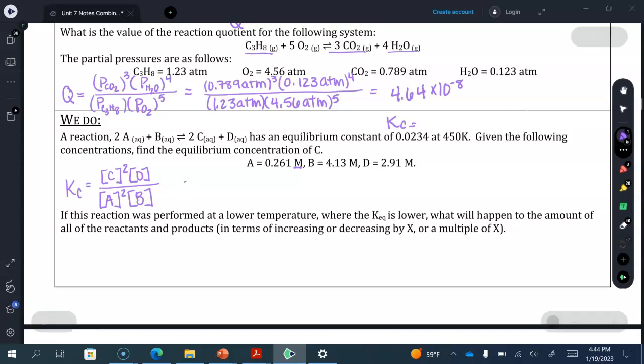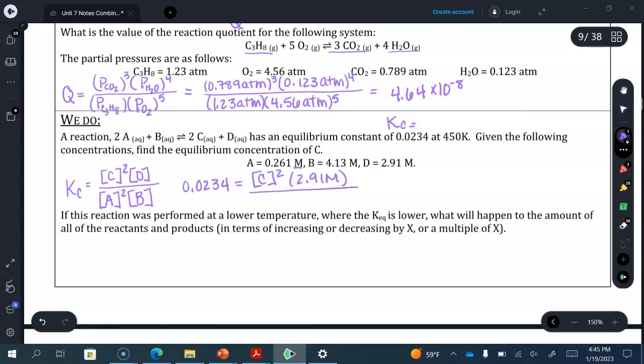So substituting in what we do know, 0.0234 is equal to C squared, because I don't know that one, times D, which was 2.91 molar, all over A squared, so A was 0.261 molar squared, times B, which was 4.13 molar.